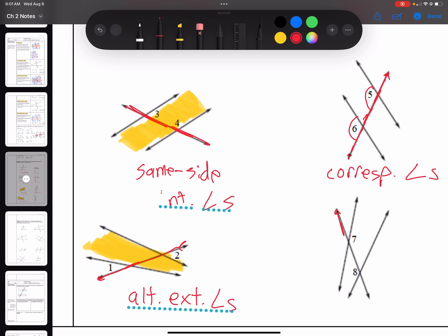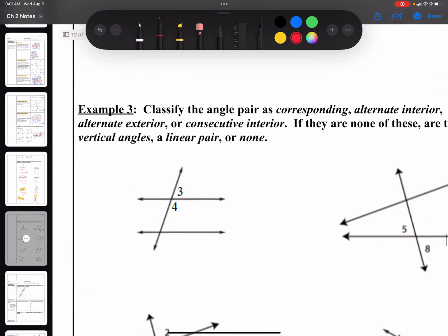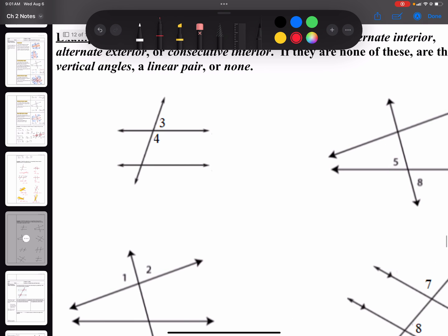In this diagram, here's my transversal. 7 and 8 are located in the interior and on different sides of the transversal. Those are alternate interior angles. 3 and 4. Well, let's take a look at 3 and 4.